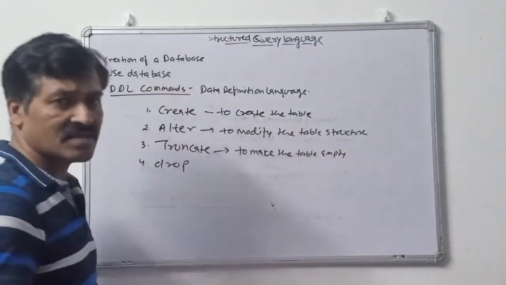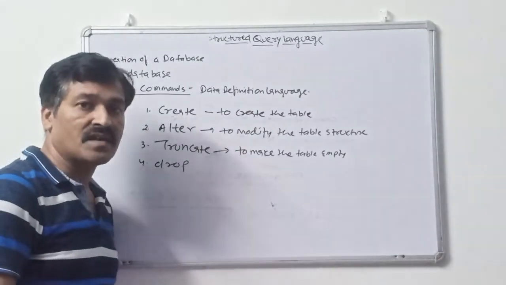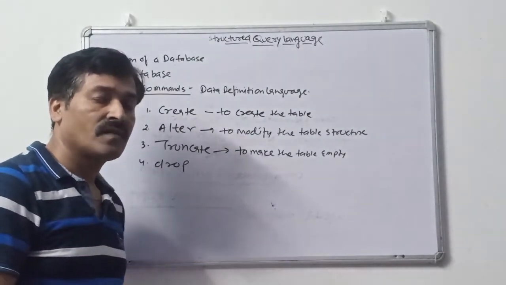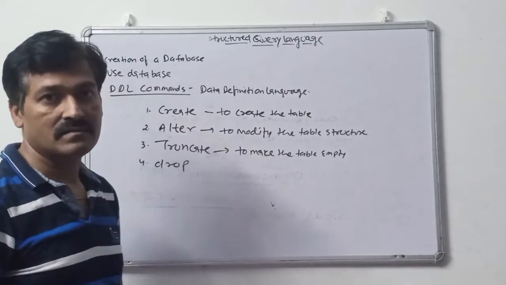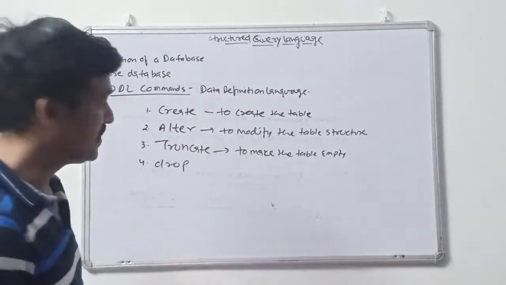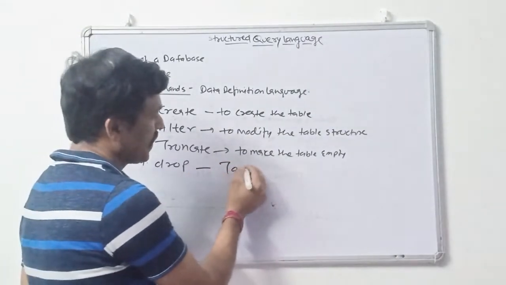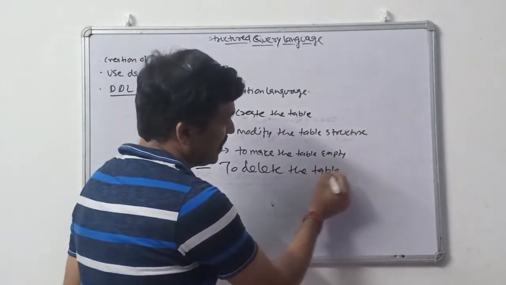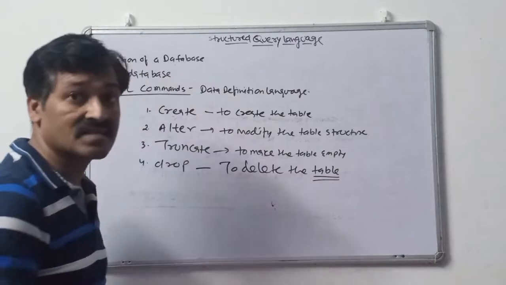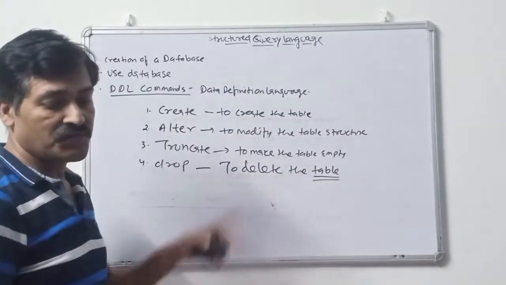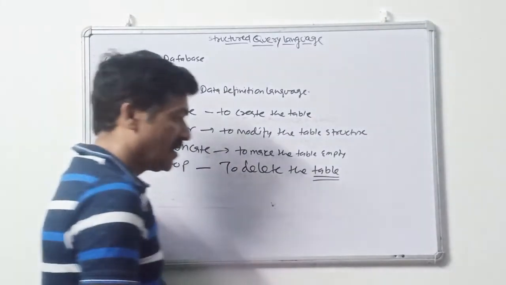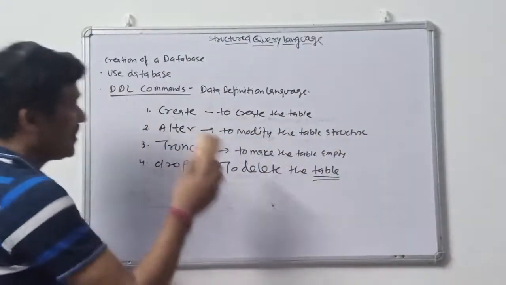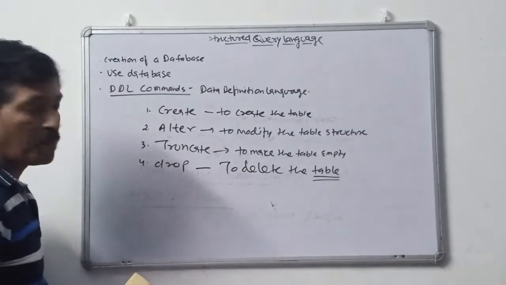Empty means, as on your mobiles when you restore the factory setting, the table will be restored to its creation-time state. No data will be there. Drop, to delete the table with its contents. So these 4 are the commands. We'll start with the create command in this video.